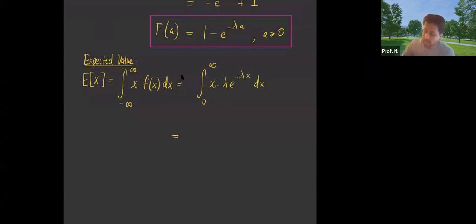And then how do I integrate this? This starts to become more of a Calc 2 lecture, because we have to integrate. How would you integrate this? Does anybody have an idea what integration technique we can apply?